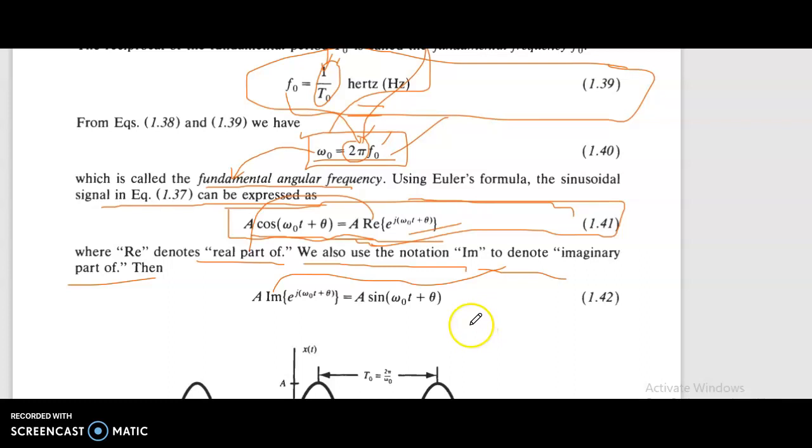Re denotes the real part of. We also use the notation Im to denote the imaginary part of.